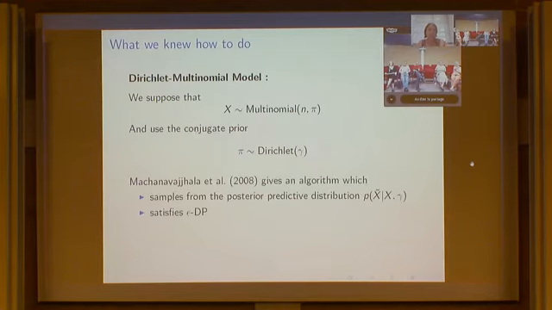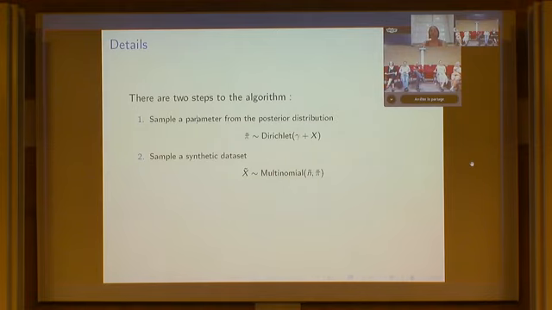There was a paper, the OnTheMap paper that you might have heard about, which is really the only paper that actually implemented differential privacy in a real setting. They give an algorithm which allows us to sample from the posterior predictive distribution and satisfies differential privacy. There are 2 steps to it. First you sample a parameter from the posterior distribution. Here we have a conjugate model, and the posterior is again a Dirichlet distribution.